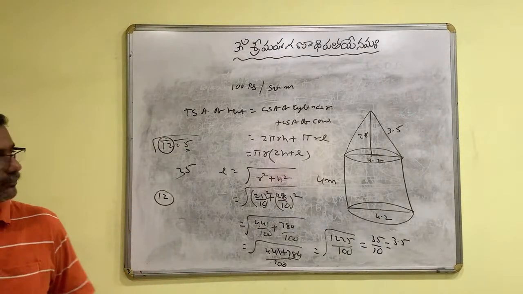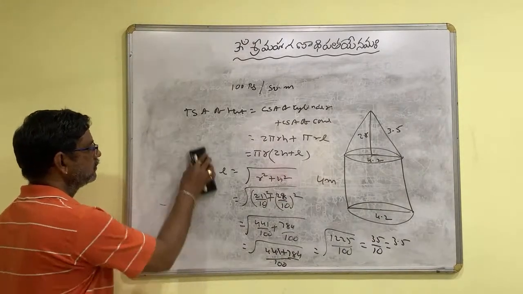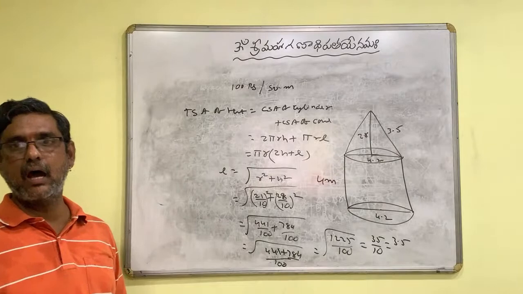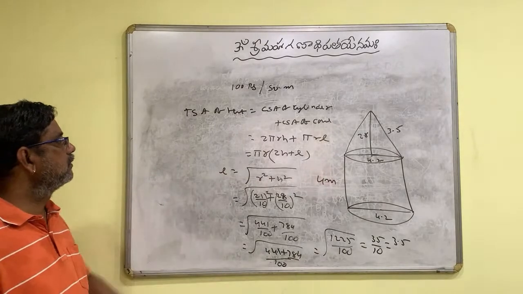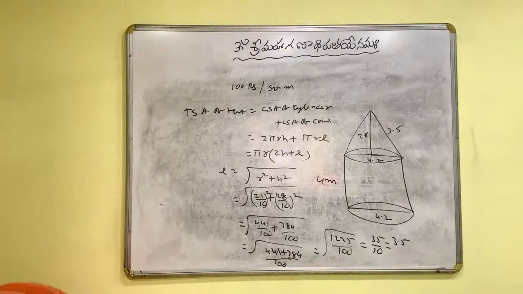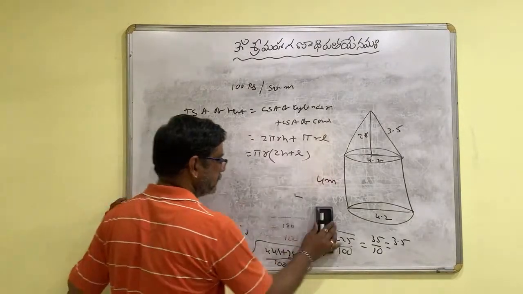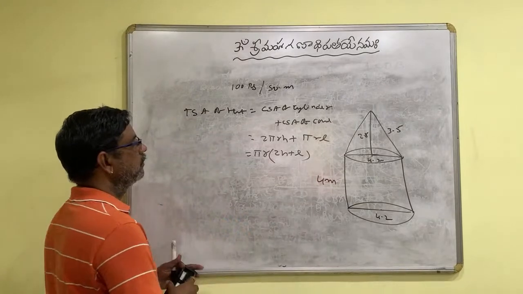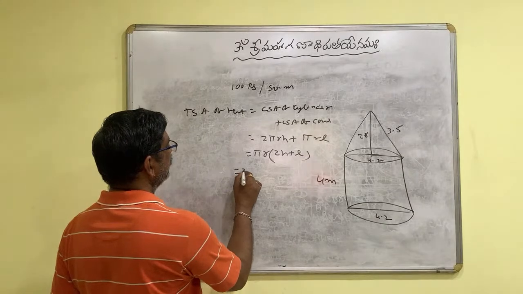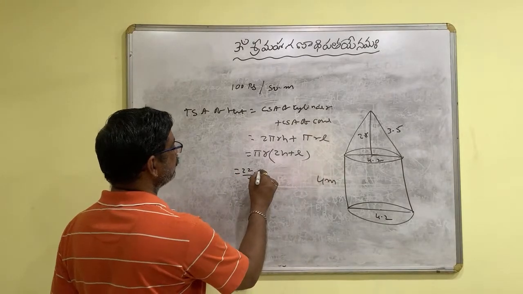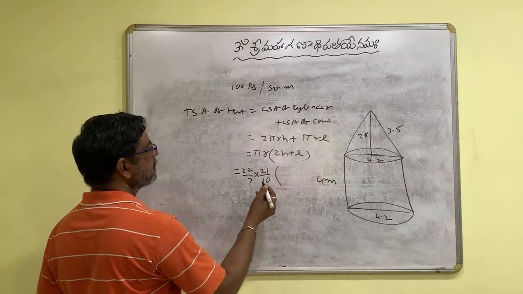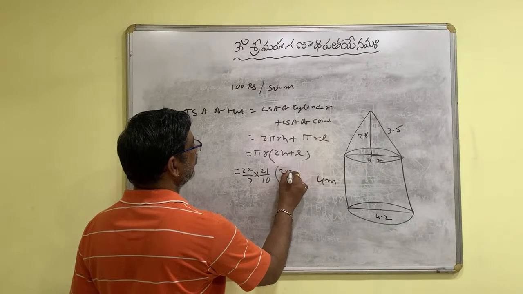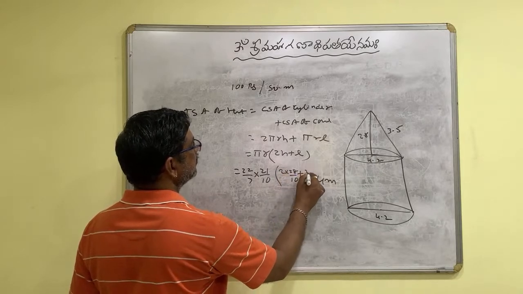Now we need to find the total surface area. 22 by 7, radius 2.1, that is 21 by 10, height 2 into 28 by 10 plus 35 by 10.